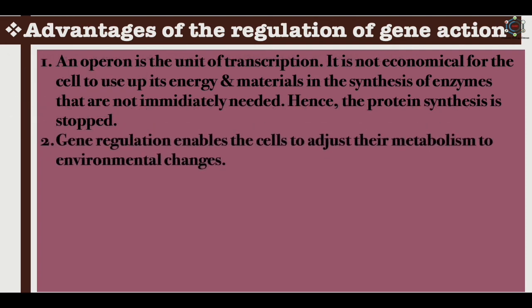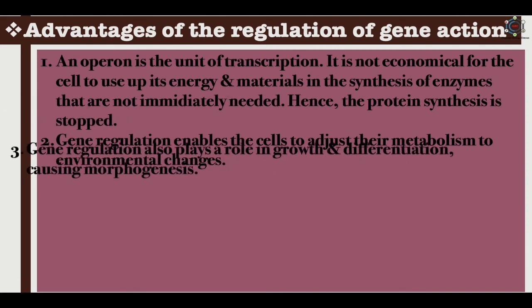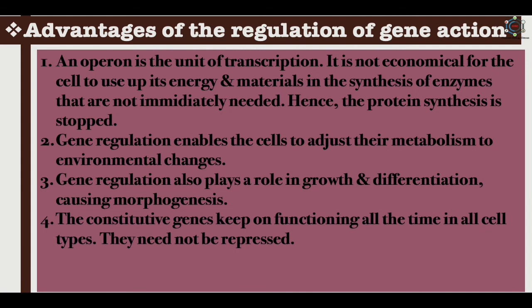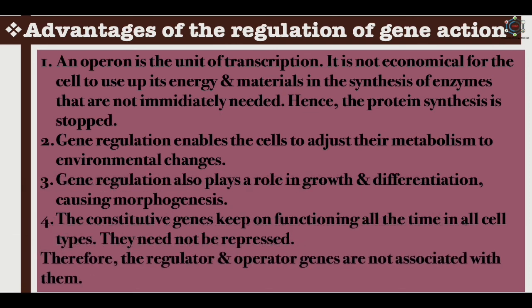Next, gene regulation enables cells to adjust their metabolism to environmental changes. Next, gene regulation also plays a role in growth and differentiation, causing morphogenesis. And the last: constitutive genes keep functioning all the time in all cell types and need not be repressed. Therefore, regulator and operator genes are not associated with them. So these are the advantages of the regulation of gene action.